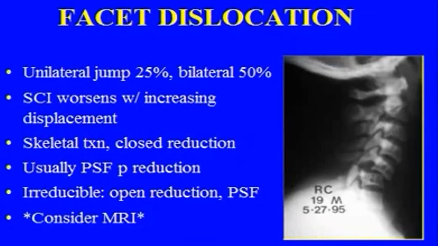Skeletal traction plus closed reduction is the treatment that I personally use. Usually, they end up with a posterior spinal fusion. Irreducible, you need an open reduction, and posterior spinal fusion should be considered.